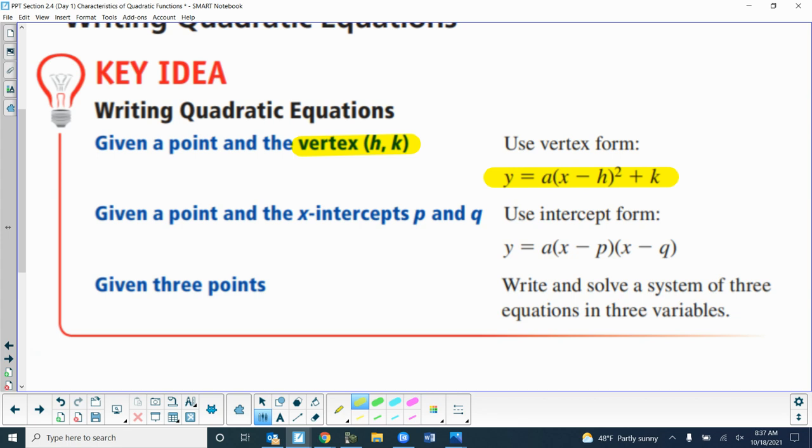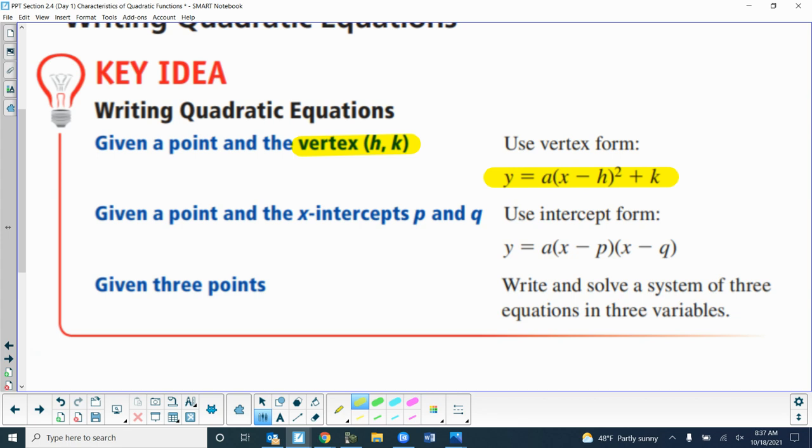If it's an x plus 2 there, then the x value of the vertex would have been a negative 2. Okay? And whatever number's out here, plus or minus k, it just stayed. That's the sign of it too. That's the y value of the vertex. Okay? So you should be able to do that.